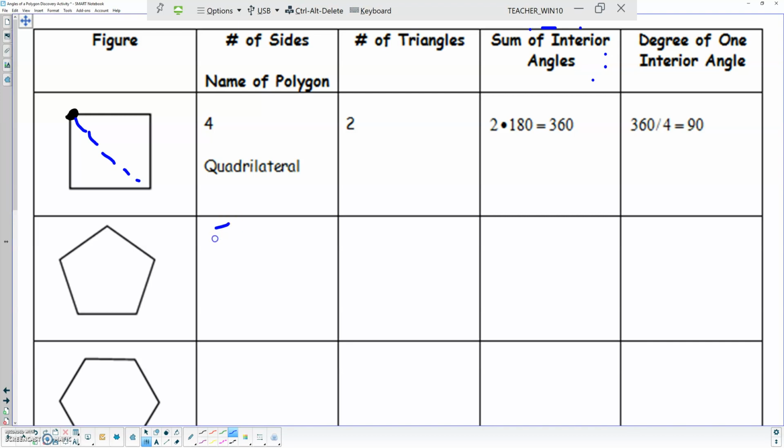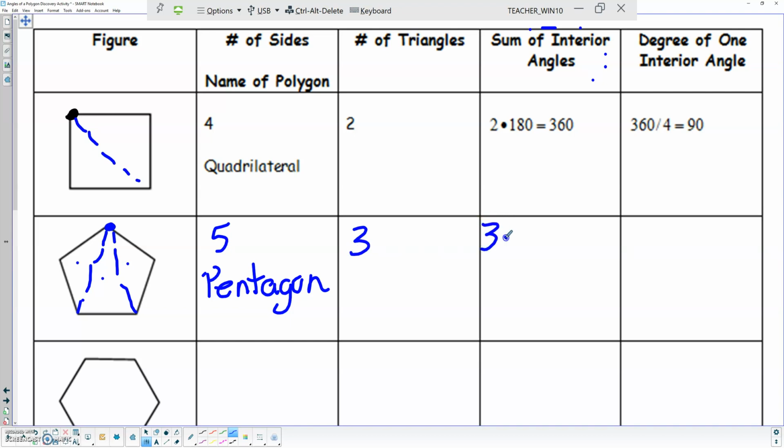In the next example, we have 5 sides, so we have a pentagon. Now we're going to divide the pentagon up into a minimum number of triangles. It doesn't matter what vertex you start at. So we get 1, 2, 3 triangles formed.